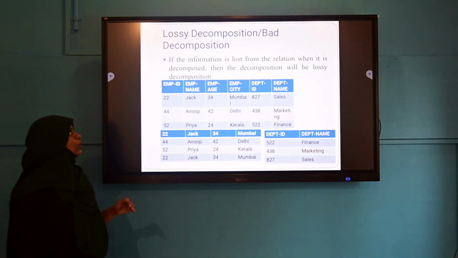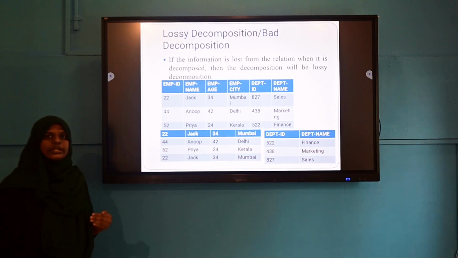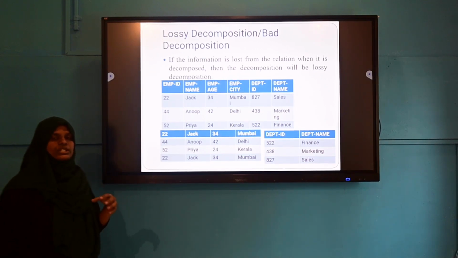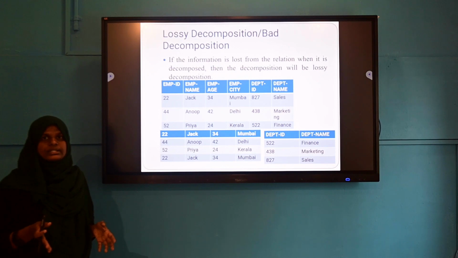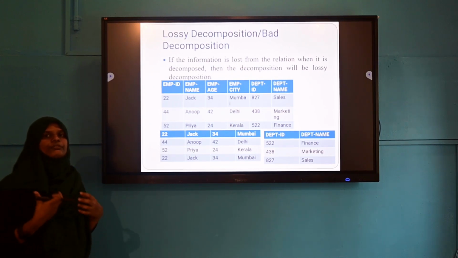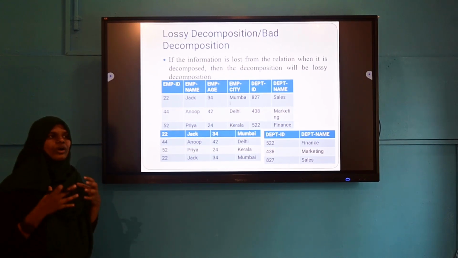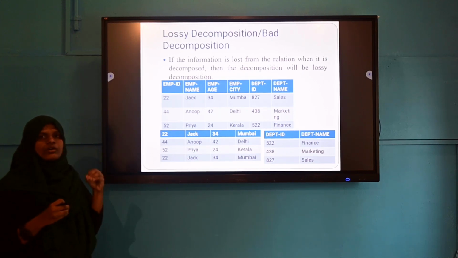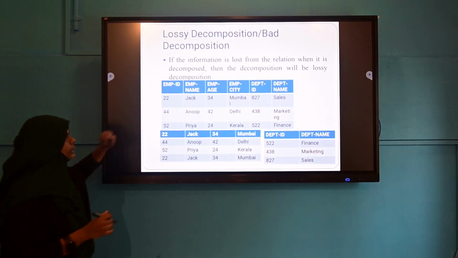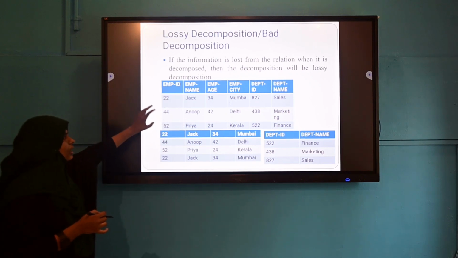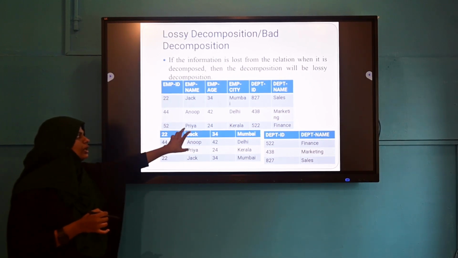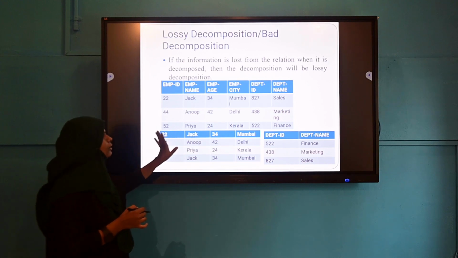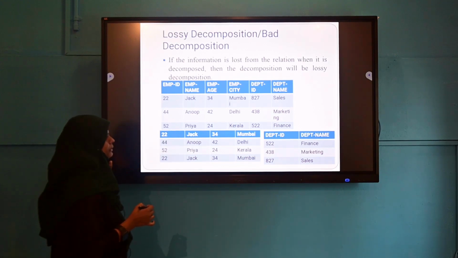This is known as lossy decomposition. In lossy decomposition, when we decompose a table into smaller tables and after that perform natural join or combine all the smaller tables, we will lose some information. For example, here the table having 6 attributes, we are dividing into a department table and an employee table like in the previous case.